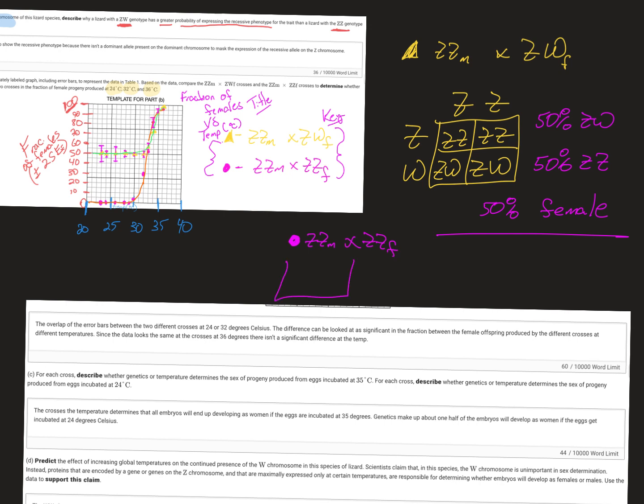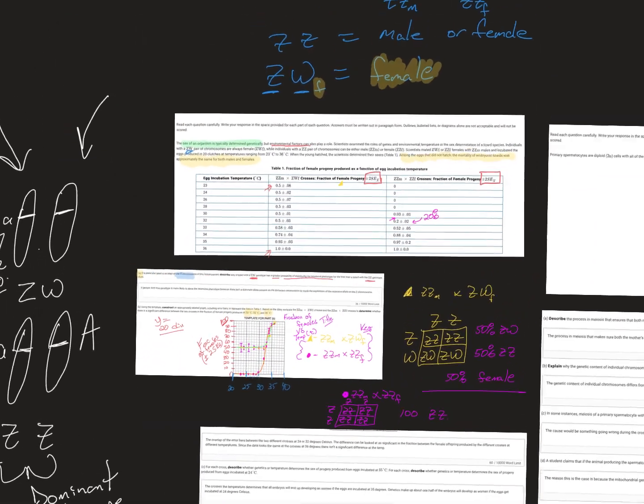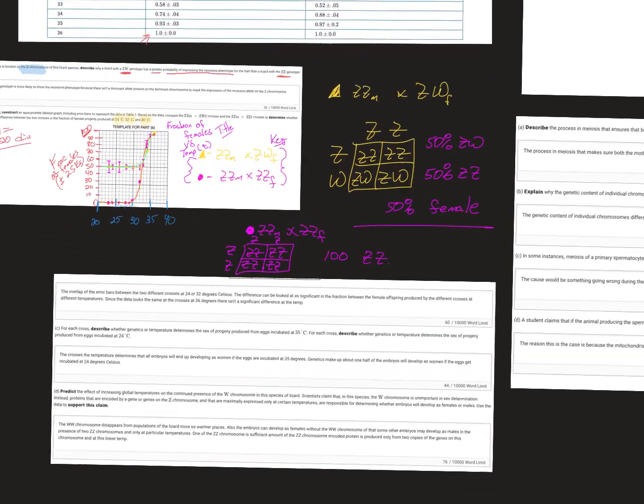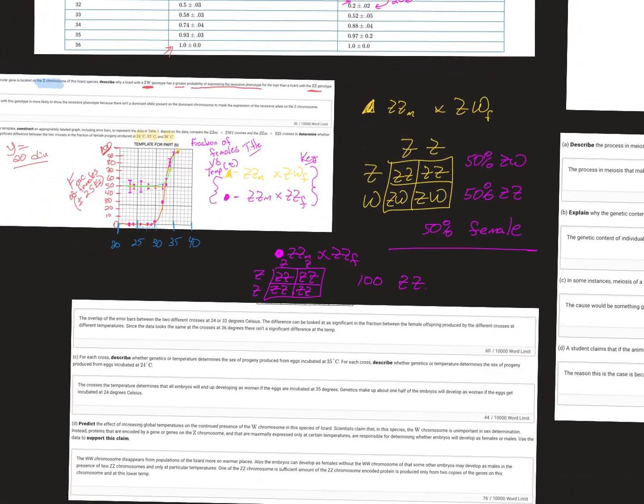Now here again, if I were going to cross these, I'd expect them all to be ZZ. I hope you see that. 100% ZZ. So if I look at this, it can be male or female.